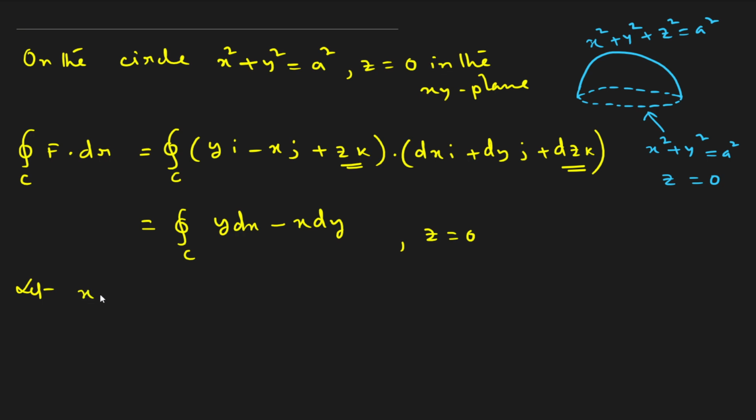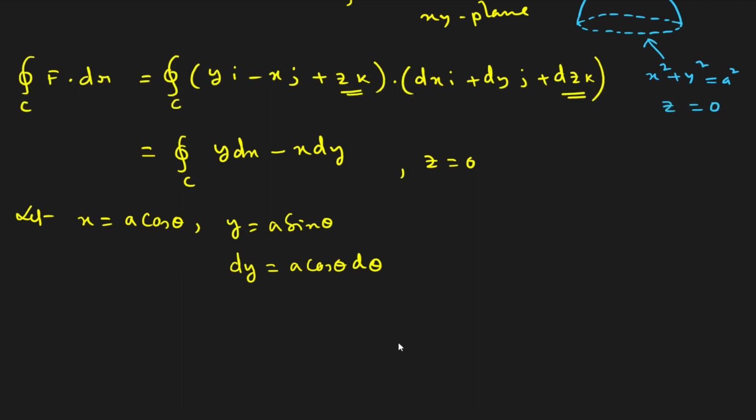For the circle, let us write x equal to a cos theta and y equal to a sin theta. If you differentiate this, because you have to transform all the variables into one term, our dy will be a cos theta d theta.